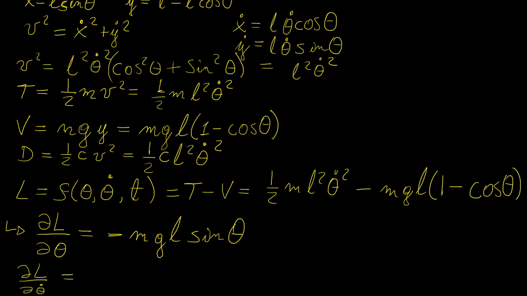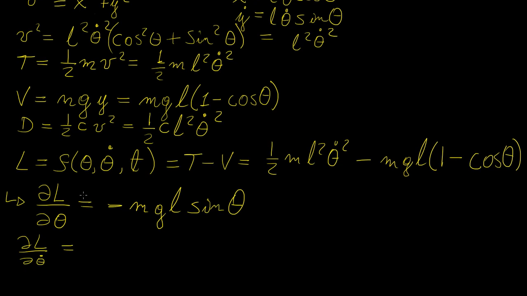So differentiate with respect to the velocity. And in fact, I'm just going to do it straight away. We're going to have the time derivative of whatever quantity we get in here. So we're going to have the derivative of the Lagrangian with respect to velocity.